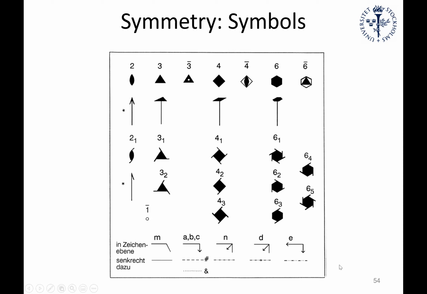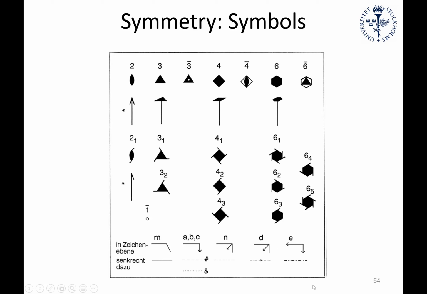And E-glides. I have not mentioned them yet, and they're actually a newer symbol that was introduced. If you look at older textbooks, you might not see an E-glide, but this has come up more recently.